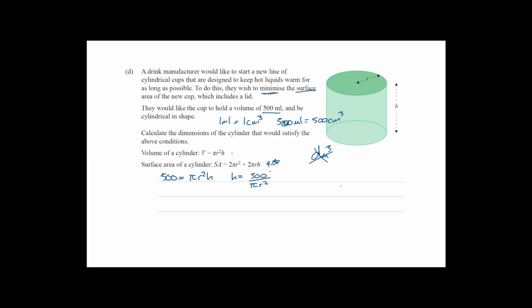Okay, then when we've got that, we can sub that into this equation, and now we're going to have one equation with one variable, and then we can differentiate that just using our standard differentiation. So the surface area that we wanted to minimize, let's just call it area, is going to be 2 pi r squared plus 2 pi r times this new thing here.